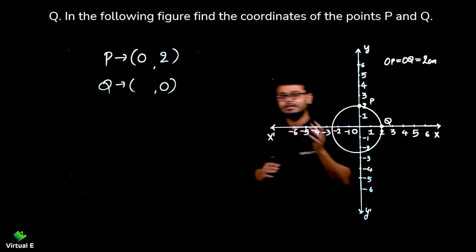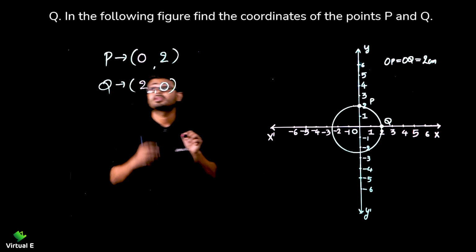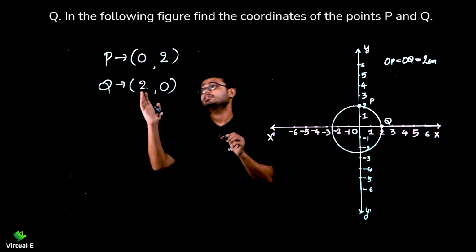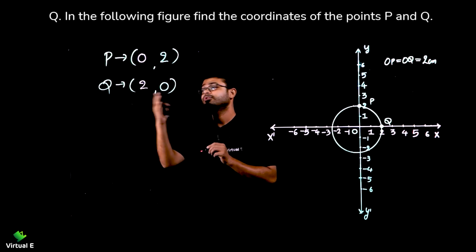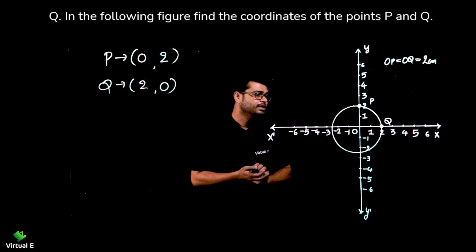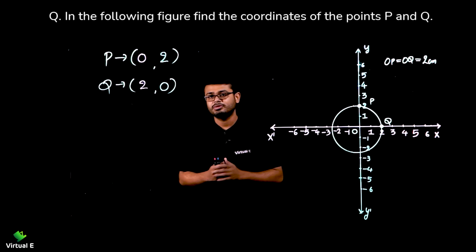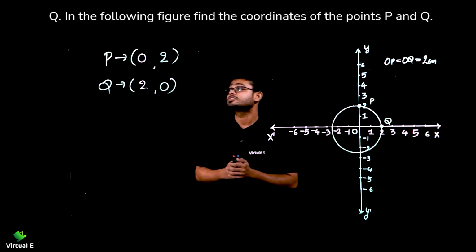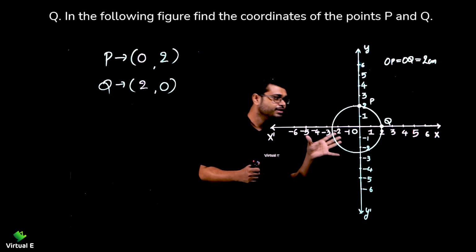On the x-axis, so 2. So it is 2, 0. The coordinates of point P are 0, 2 and the coordinates of point Q are 2, 0. Very simple, right? Just a circle is given. You can have some triangle as well, rectangle as well, that we are going to discuss. So this is how you find the coordinates when we have the Cartesian system given to us.